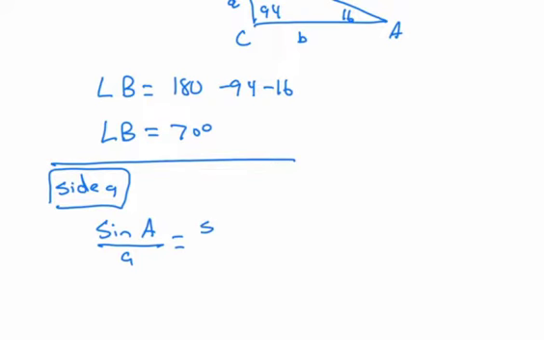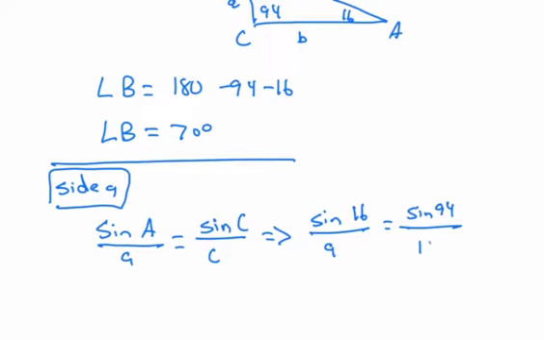So I'm going to use sine of angle C over C. Now let's fill in what we have. A is 16. We do not have side A, but C is 94 and the side is 18.